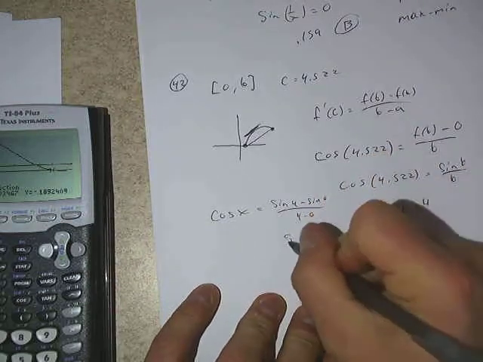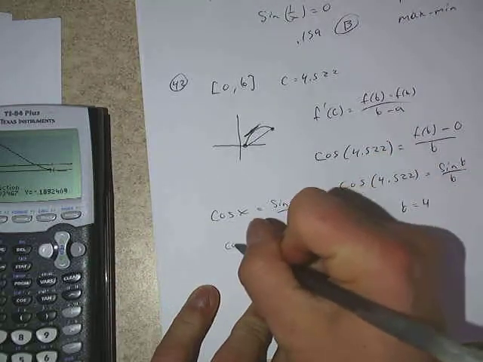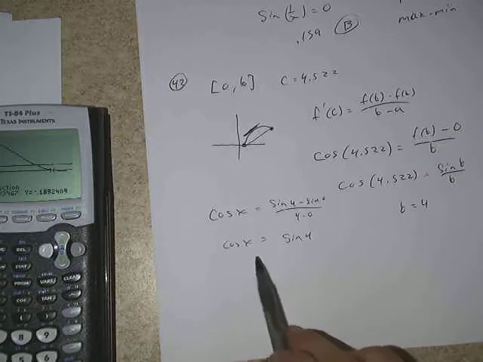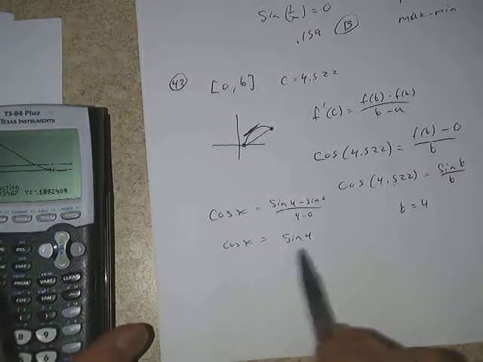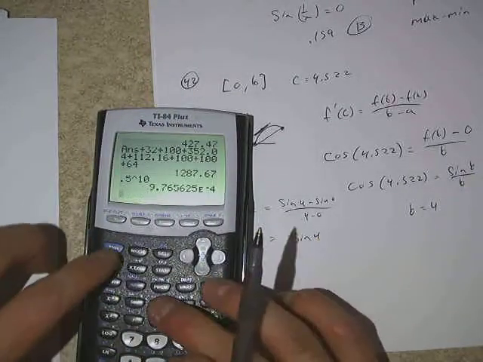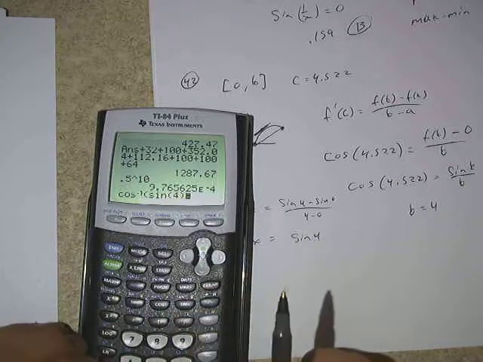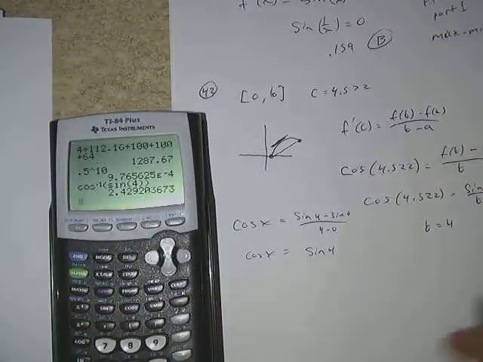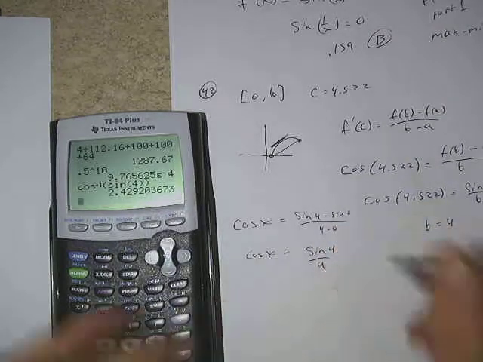Mind that this is certainly checkable too, because if we just did cosine x, which is the derivative, backwards now that we know the answer to the b part, if we did f of b, which means sine of 4 minus sine of 0 over 4 minus 0, we'd ultimately have sine of 4 over 4 equals cosine x.